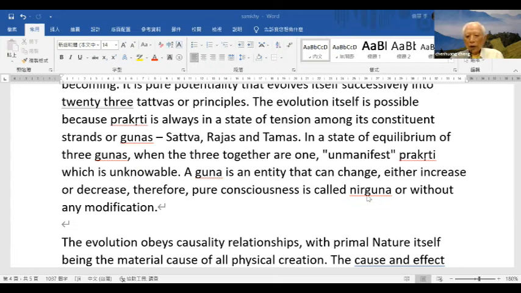Purusha is nirguna, N-I-R, and nir means no or none. Purusha has no guna, no modification. It means that a Purusha cannot evolve, cannot produce something else. It is the function of Prakriti, because Prakriti has three gunas, and these three gunas are always in tension. So it may be activated.